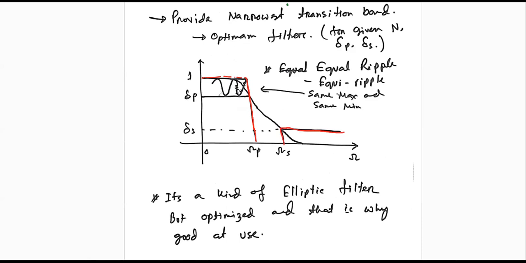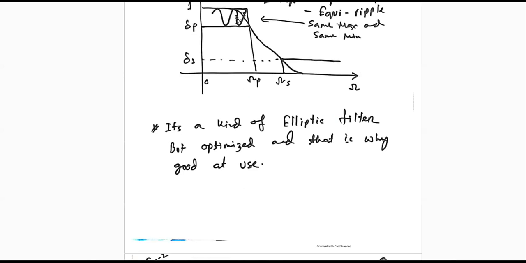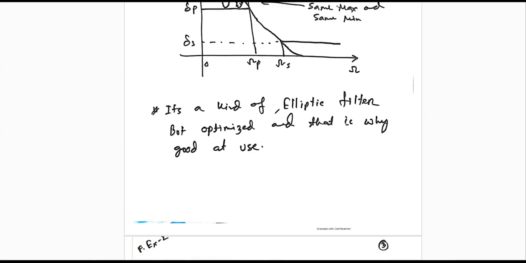This is the pass band gain, this is the stop band gain, this is the pass band frequency, and this is the stop band frequency. Since I followed that lecture, I also followed this notation, so that if you cover that lecture, you find it convenient. It's a kind of elliptical filter. We'll talk about the elliptical filter in future, but it is optimized and very good to use.